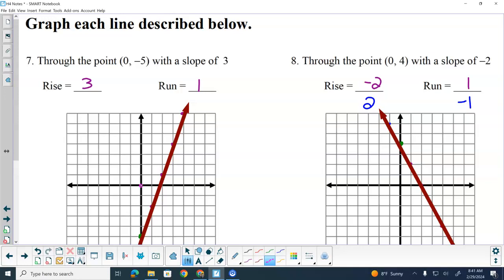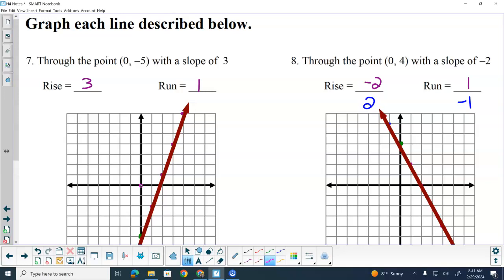Anybody know? Okay, let me tweak my question. Where do all of the points 0, comma get plotted? They all get plotted on the y-axis.